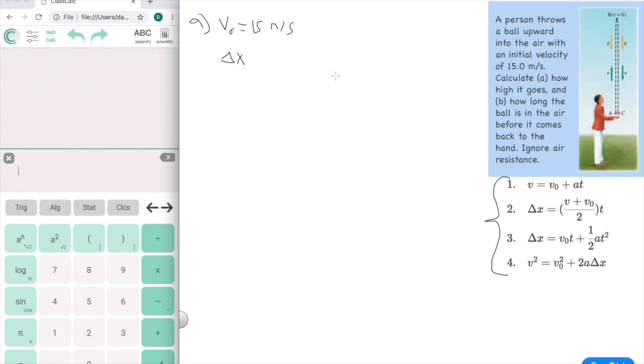The first part of a problem is to look at the reference or the scope that you're going to use. So what are we looking at? Are we looking at the ball going from leaving the hand to the maximum height, or the ball going to the maximum height and then falling back down?